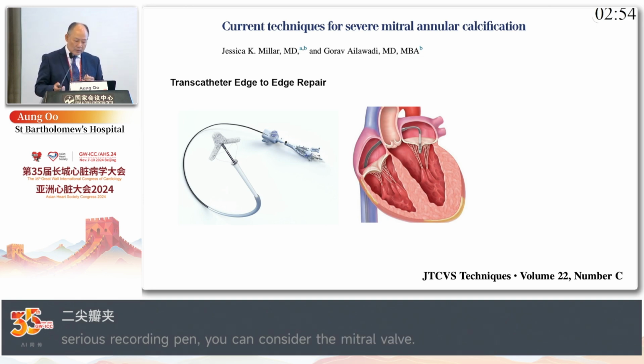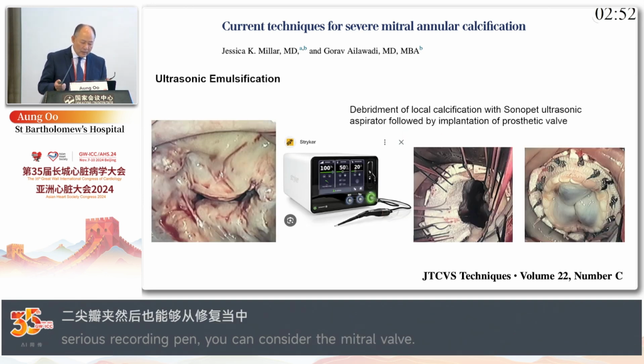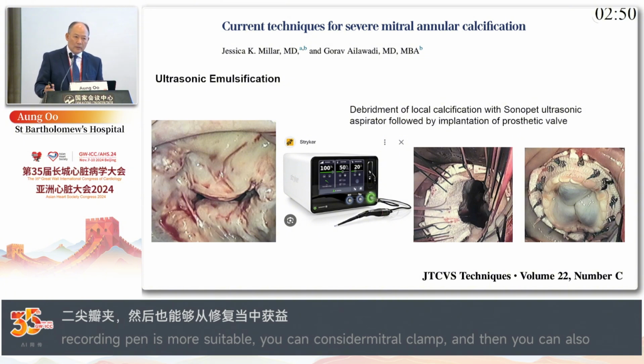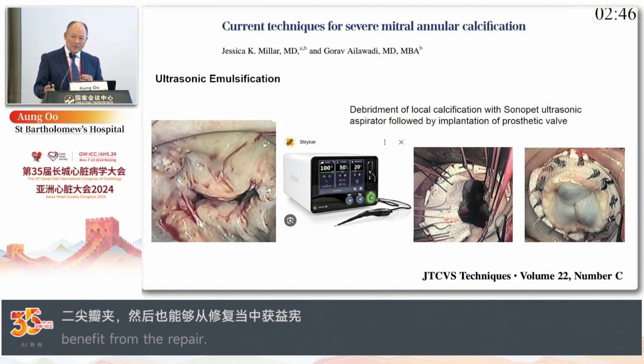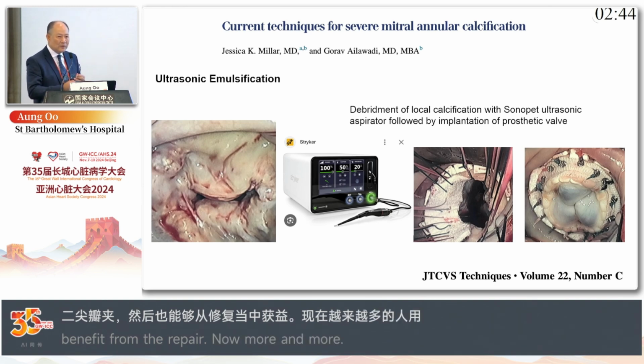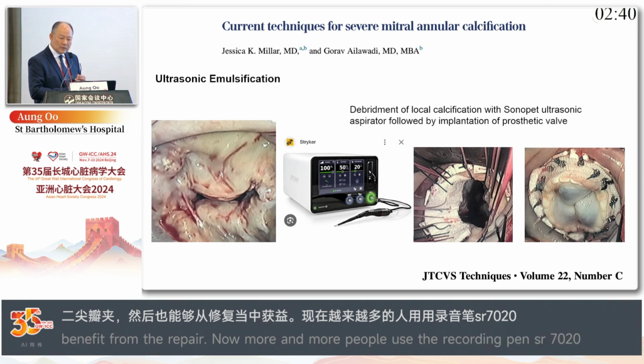And more people are using lithotripsy, trying different ways of decalcifying, reducing calcium, fracturing, or reducing stiffness.